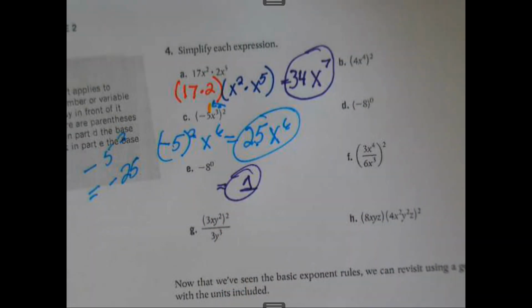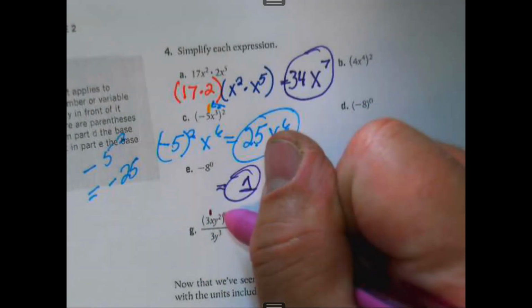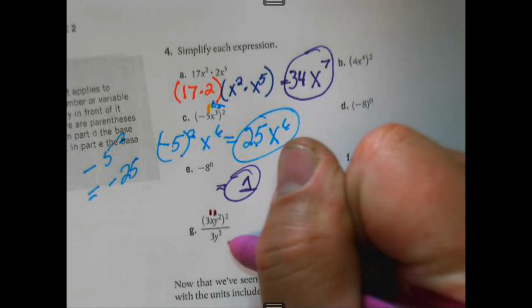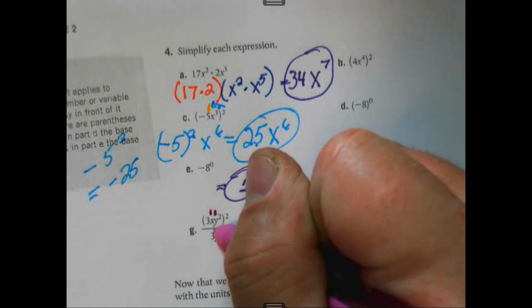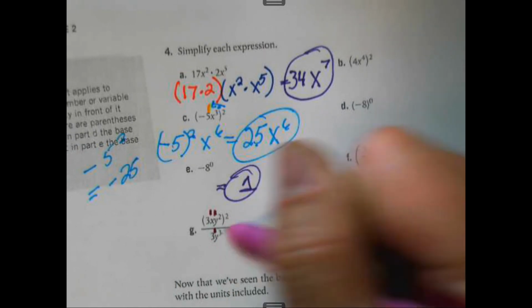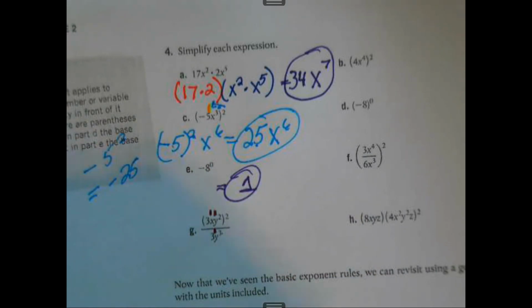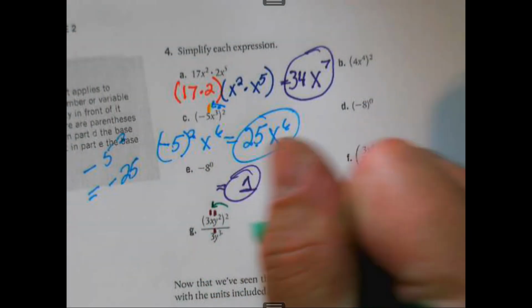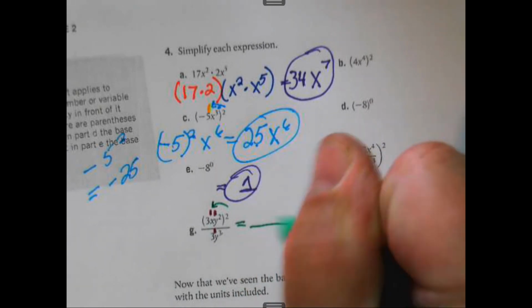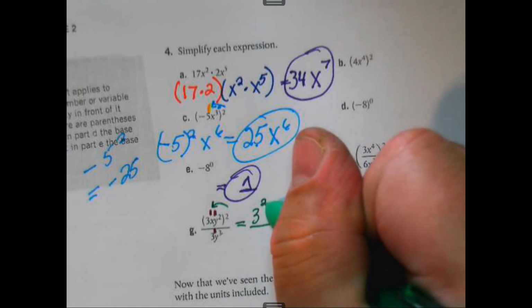Now we're going to have a little bit of a tricky problem here. Don't forget the 3 has an exponent of 1, the x has an exponent of 1, the y has an exponent of 2, this 3 has an exponent of 1, that y has an exponent of 3. Distribute each exponent. So I have 3 to the 1 times 2 is 3 squared.